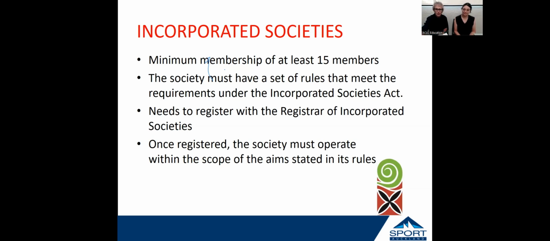So it's a very basic first principle that officers of the society, and trustees of a trust, really need to be on board with what is in their rules and their deed of trust. That fundamental understanding of what the organisation is there to do.